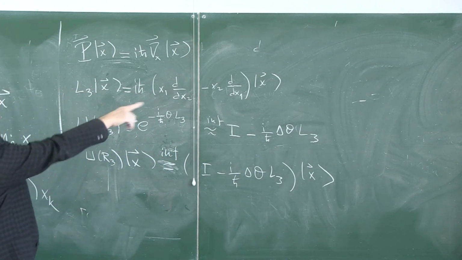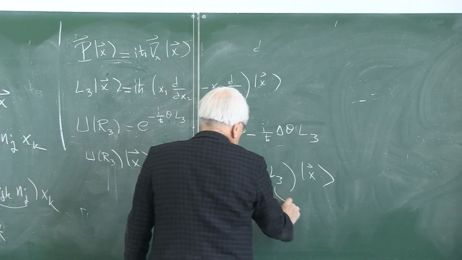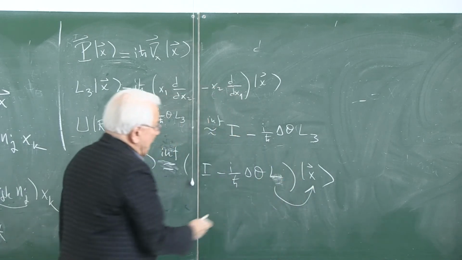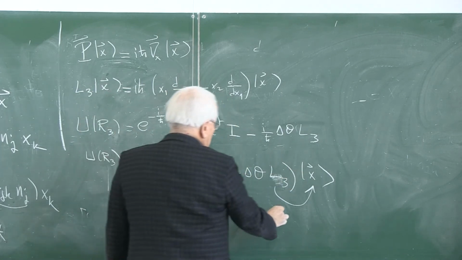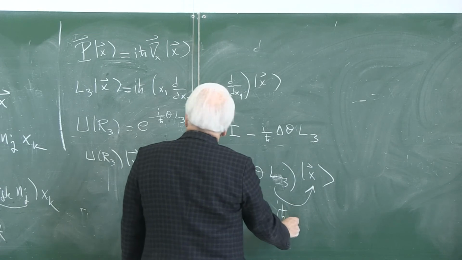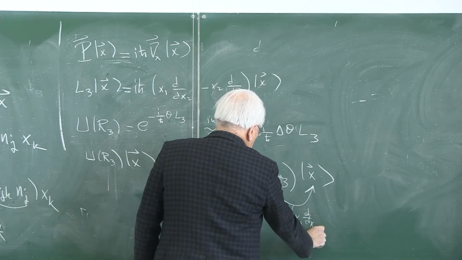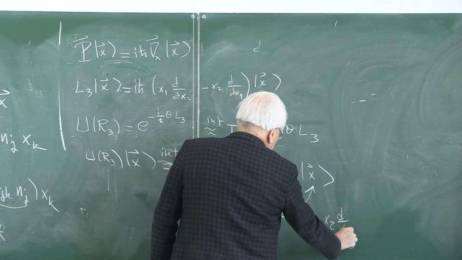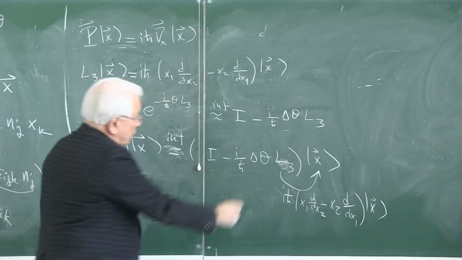Then we worked out L3's effect, so let me put it in here. L3 acting on x gives you i h bar, x1 d/dx2 minus x2 d/dx1, on x, right? That's the effect of L3.